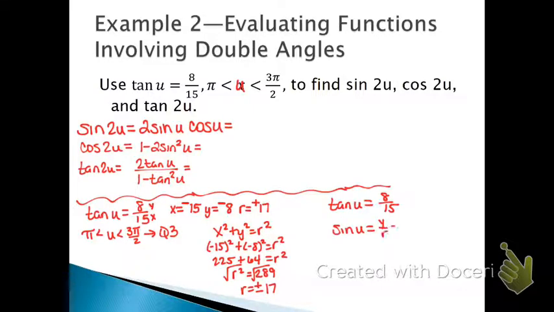It's y over r, which means it is negative 8 over 17. And what about cosine? It's x over r, so it is negative 15 over 17. And now that I know those, I can go plug them back into the equations I had above.